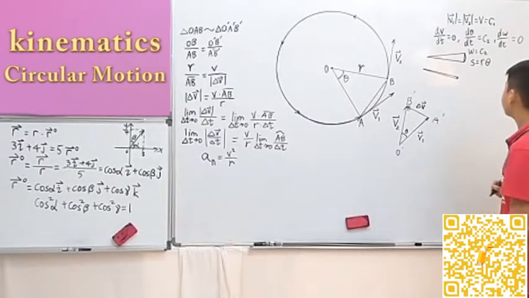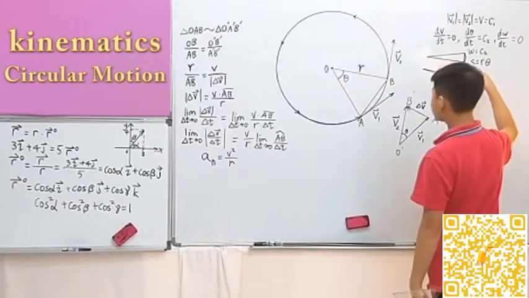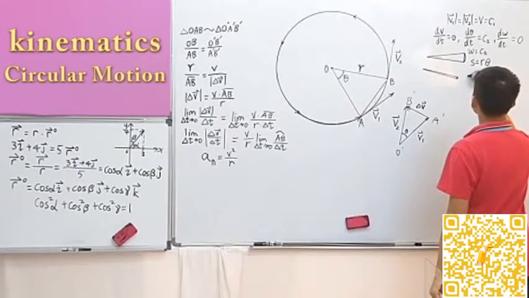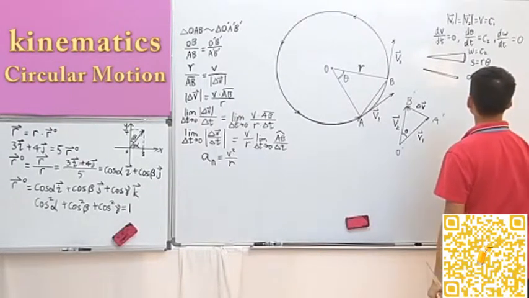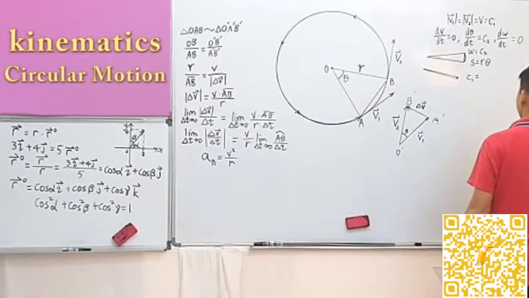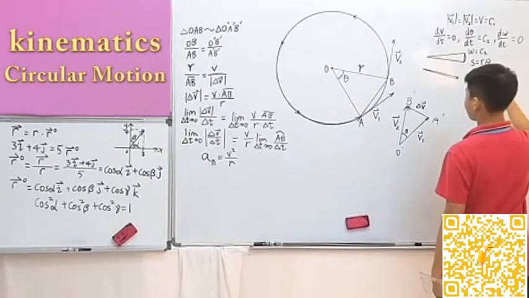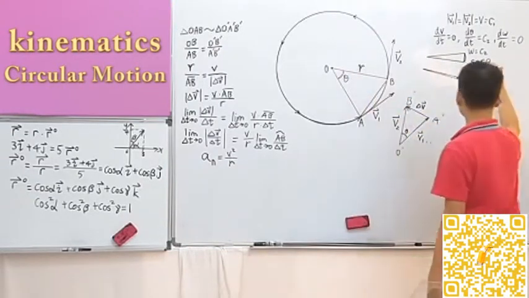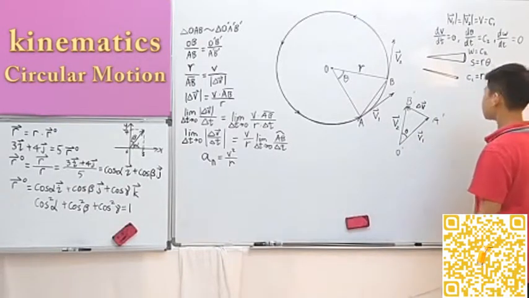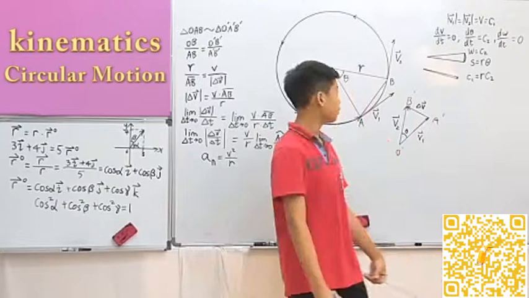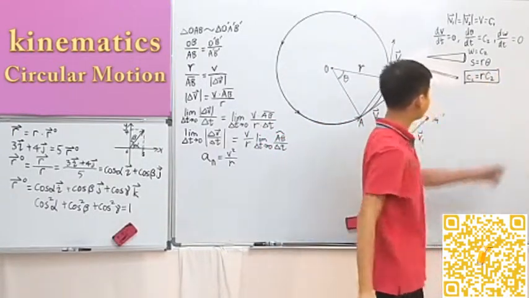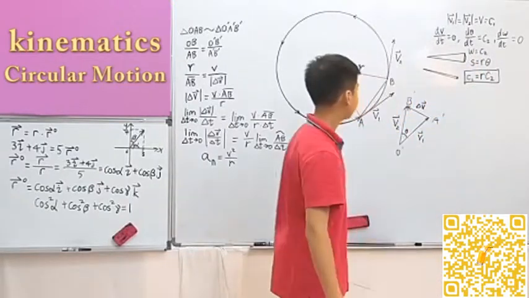S equals R theta. So that's S from this part, we're using C1. Then R here, we don't know its value. Then theta from this part, we're just going to use C2. So this is actually the relationship between C1 and C2.